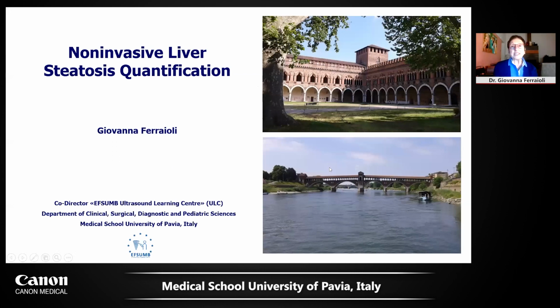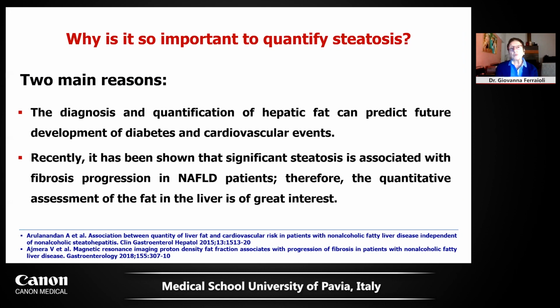Non-alcoholic fatty liver disease is currently the most common chronic liver disease worldwide. And why is it so important to quantify the content of fat in the liver? There are at least two main reasons. The diagnosis and quantification of fat in the liver can predict the development of diabetes and cardiovascular events.